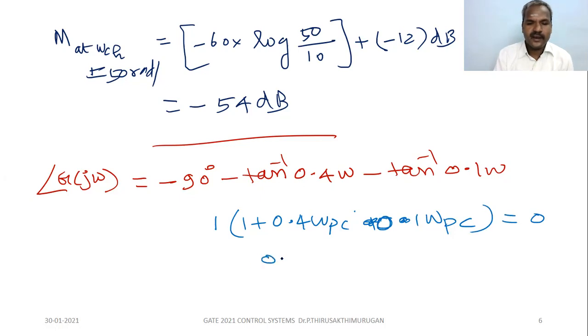So this is 0.4 into 0.1, which is 0.04. So 0.04 omega PC square equals 1.